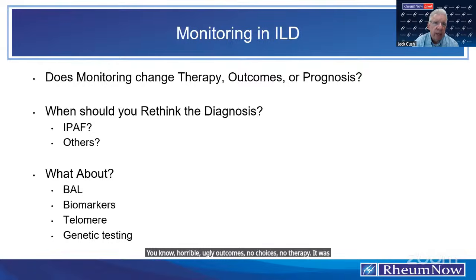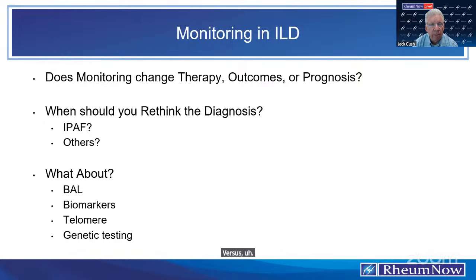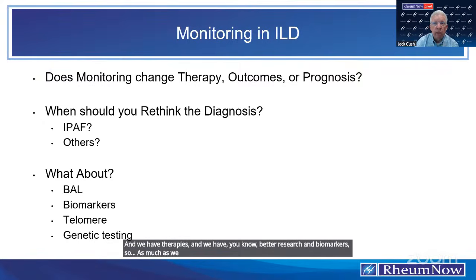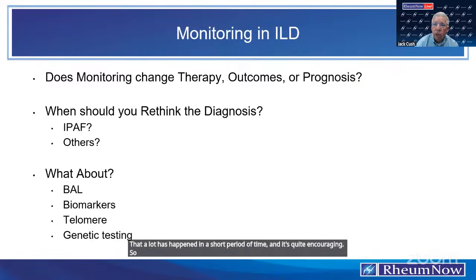And that's why he got into the sort of underpowered Recital study of cyclophosphamide versus rituximab. But here we are now 20 years later, and we have therapies, and we have better research and biomarkers. So as much as we know that there's a lot of unknowns here, a lot has happened in a short period of time, and it's quite encouraging. So, Shane, you want to close us out with some comments here?